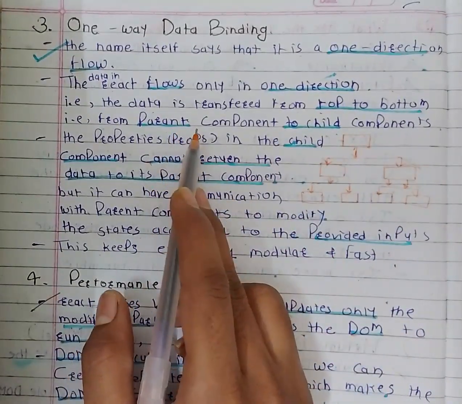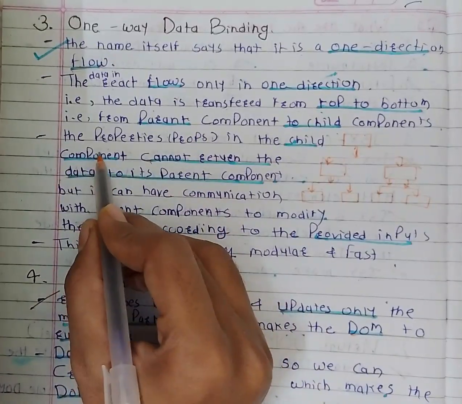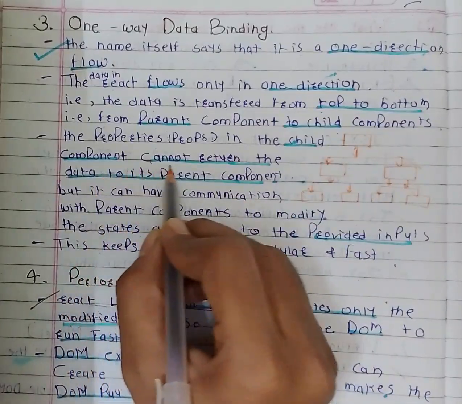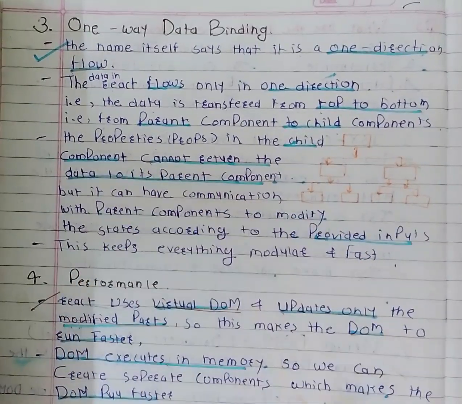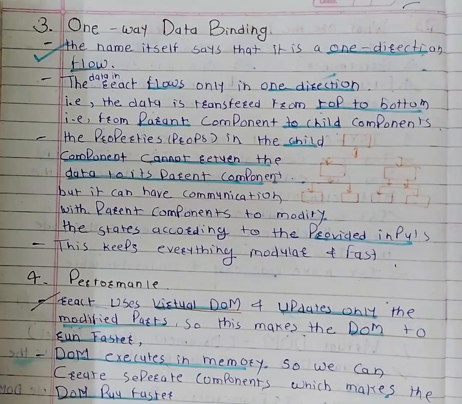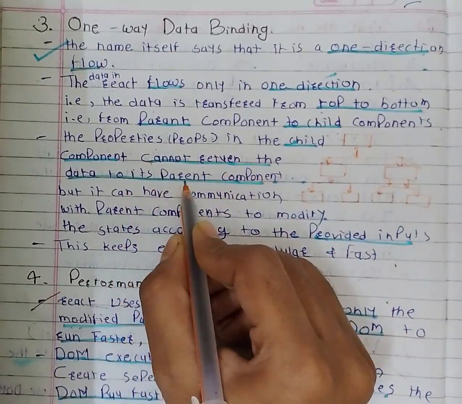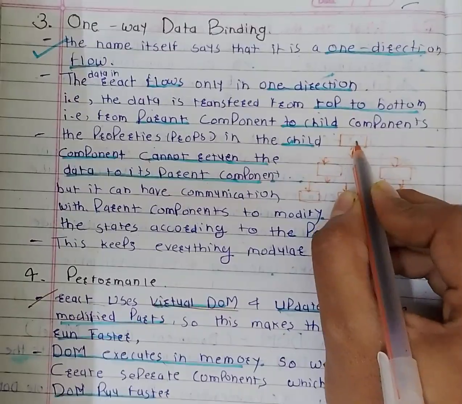How does data flow in React? The props in a child component cannot return data to its parent component. So in React there is only one directional data flow. That's the reason a child component cannot return data to its parent. So this is a parent.